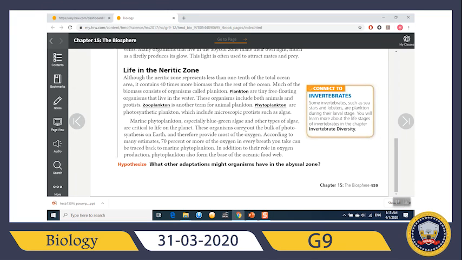Because they carry out the bulk of photosynthesis on Earth and therefore provide most of the oxygen you are breathing now. According to many estimates, 70% or more of the oxygen in every breath you take can be traced back to marine phytoplankton. This is how important these microscopic organisms are.